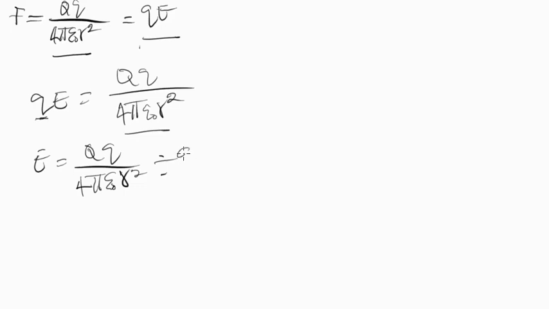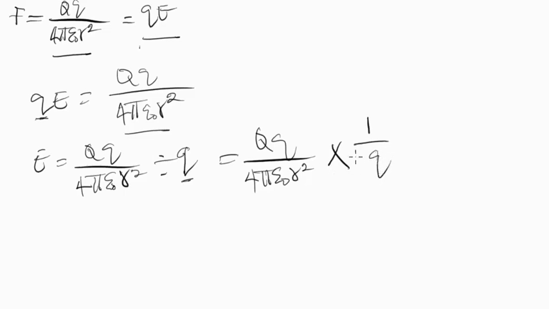divided by the coefficient of E, which is Q. So when we do this, this will simply give us Q times Q over 4 pi E naught R squared now times the inverse of this, or the reciprocal of this, which is 1 over Q. Now the reason I'm using the reciprocal of this here is because of the change of the sign here.